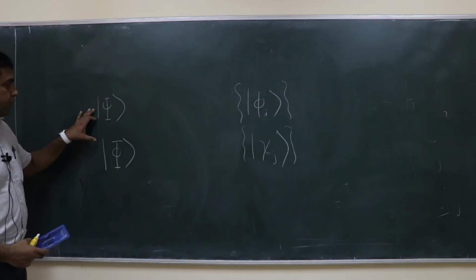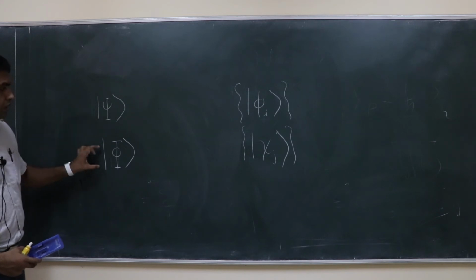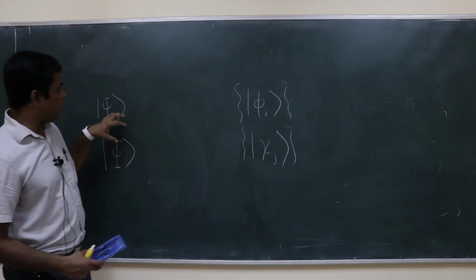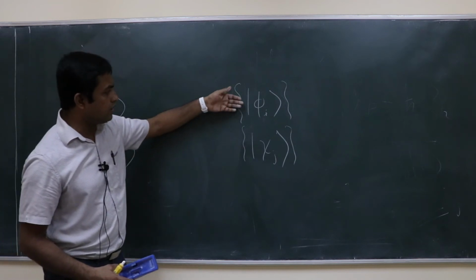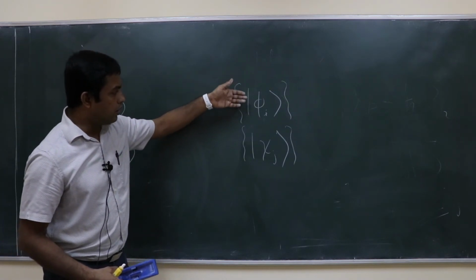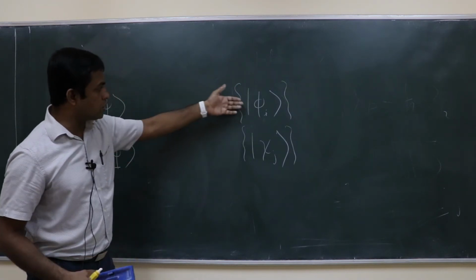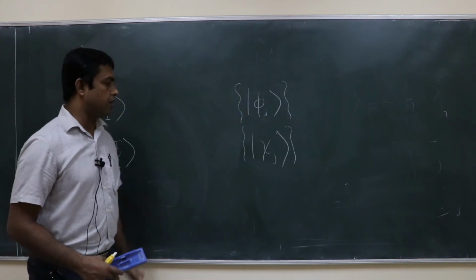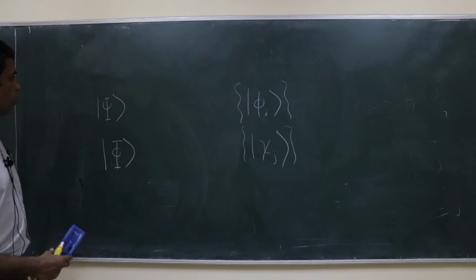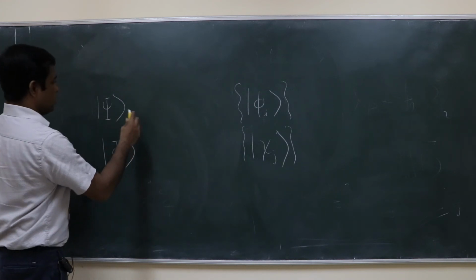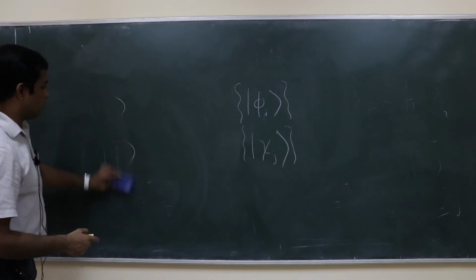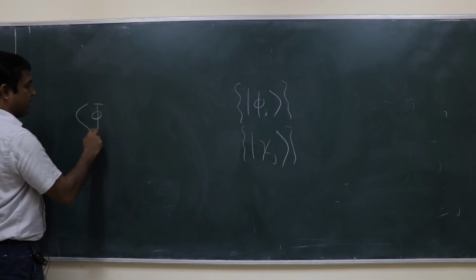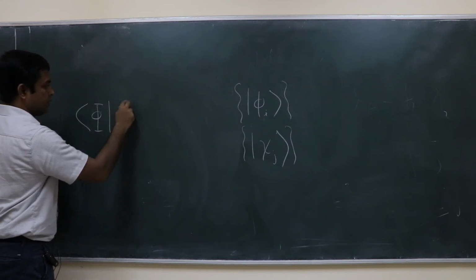Now I want to find the inner product of this vector with this vector, and write that inner product in terms of either the components along this basis set, or the components along the other basis set. So how do you do that? What is the inner product of ket psi with bra phi, that is phi with psi?